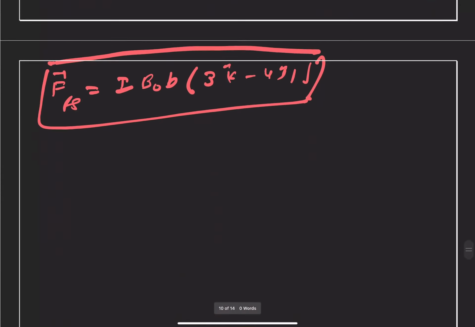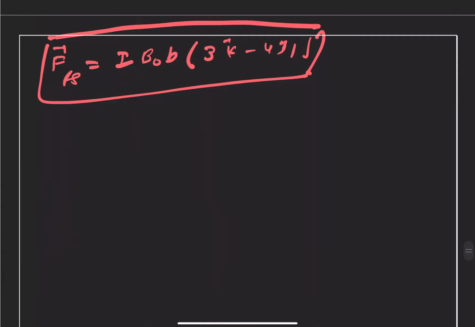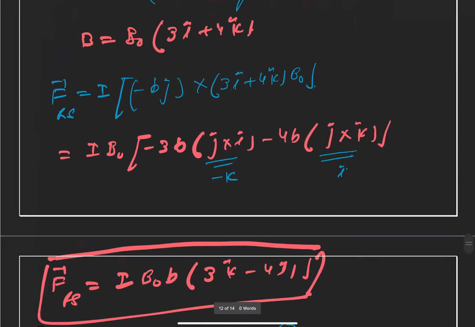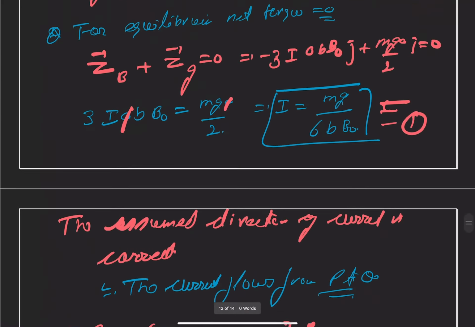So in part C, from equation 1, the value of current was equal to mg divided by 6 b naught.